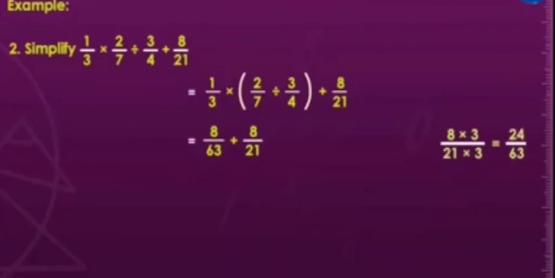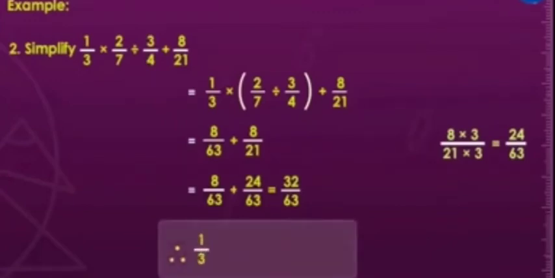Now convert 8 by 21, which will give you 24 by 63, having the denominator 63 in both the fractions. After that, add as usual 8 by 63 plus 24 by 63, which is equal to 32 upon 63. Therefore, children, 1/3 × 2/7 ÷ 3/4 + 8/21 = 32/63.